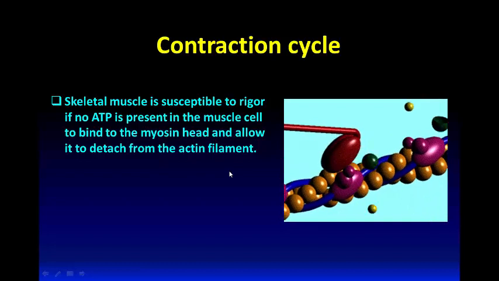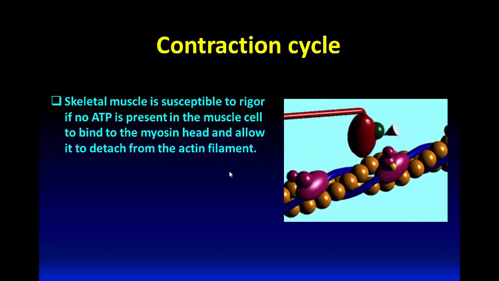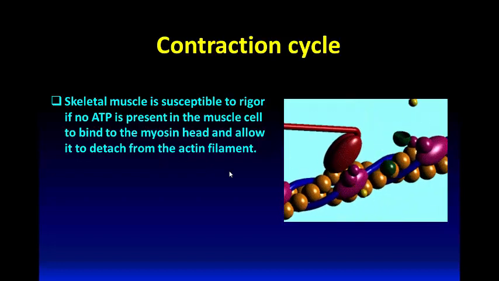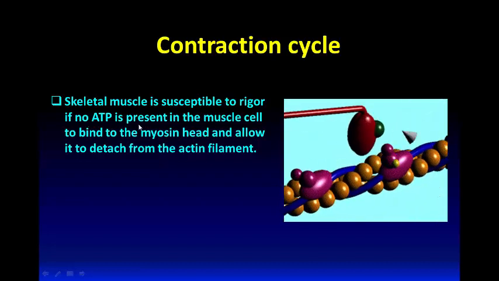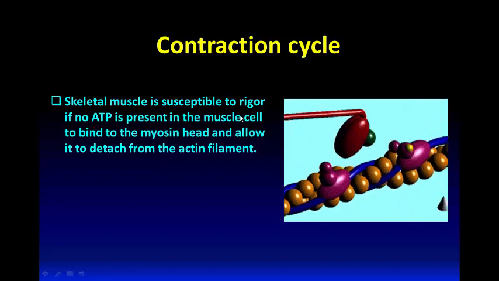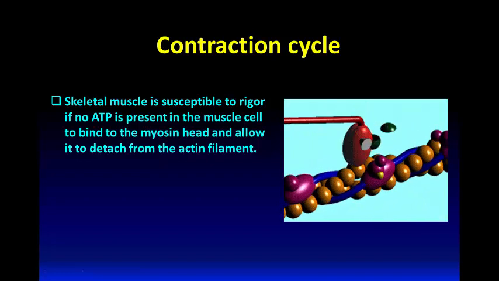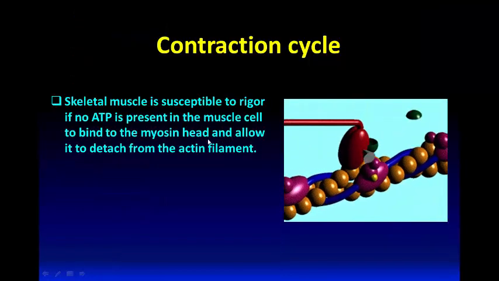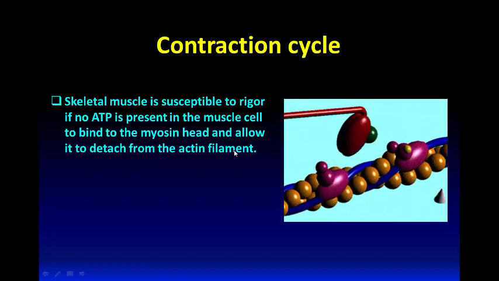It is important to note that there is a major difference between the skeletal muscle fibers and the cardiac muscle fibers as to their susceptibility to rigor. Skeletal muscle cells are susceptible to rigor if no adenosine triphosphate is present in the muscle cell, because it is the binding of adenosine triphosphate to the myosin heads which detaches them from the actin filaments, so that the cycle is repeated again.